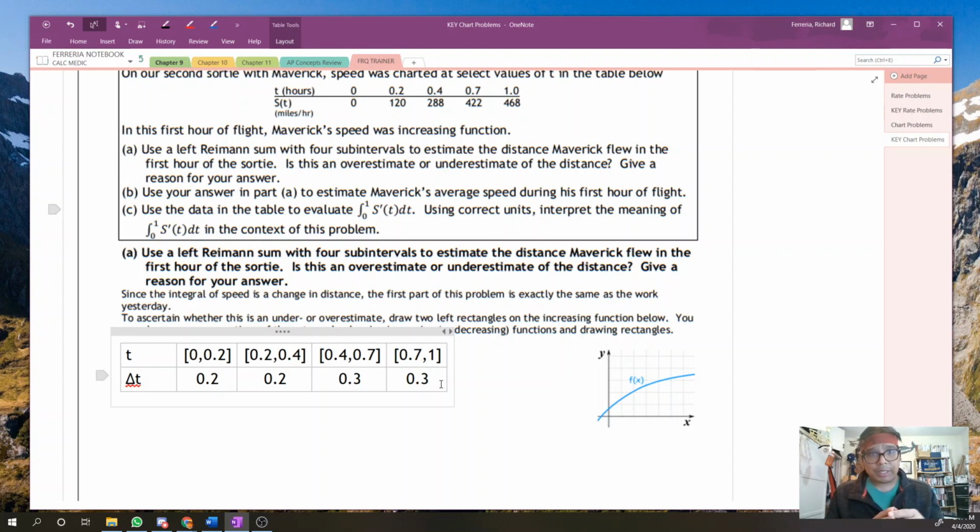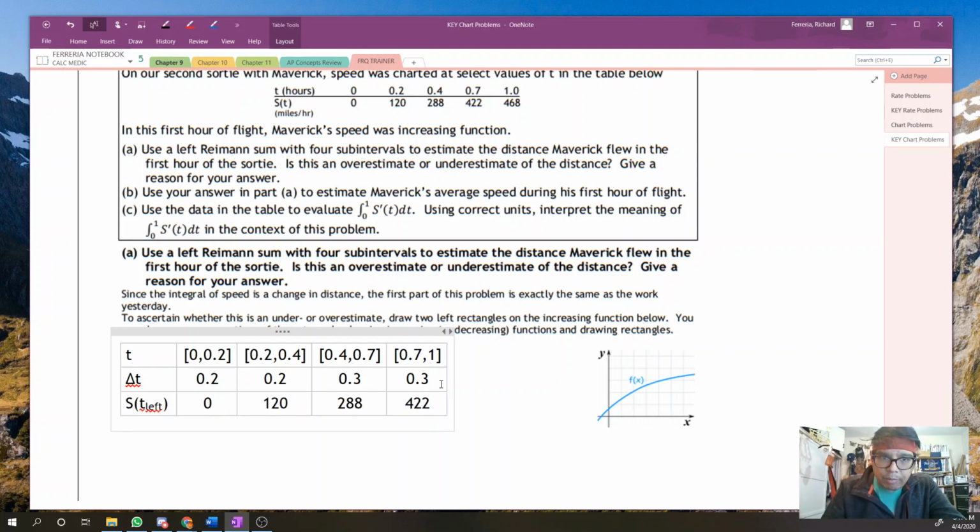I'm going to reread this again, and I'm seeing that this is a left Riemann sum. So this time I'm going to find the height, which is s. I'm going to find s at the left side of the interval. Okay, let's make sure we did this right. On the left side of the interval from 0 to 0.2 is 0, and the speed at 0 is 0.